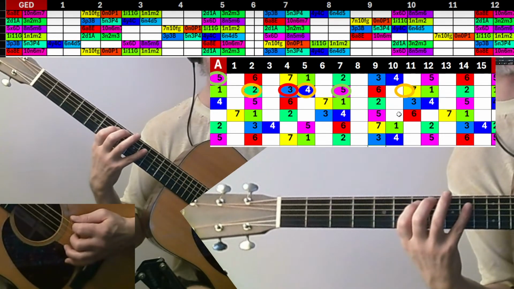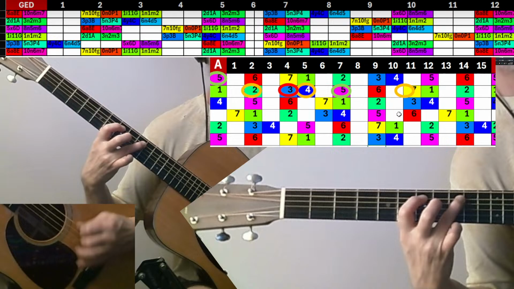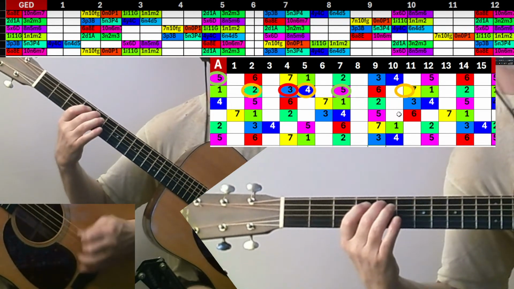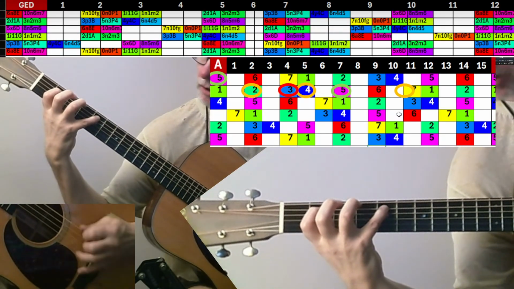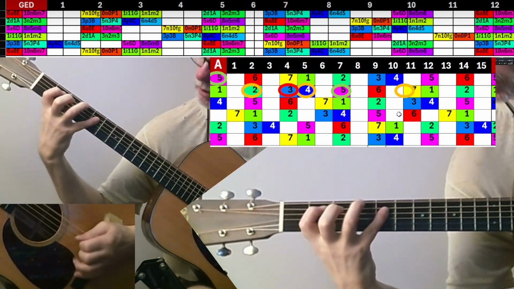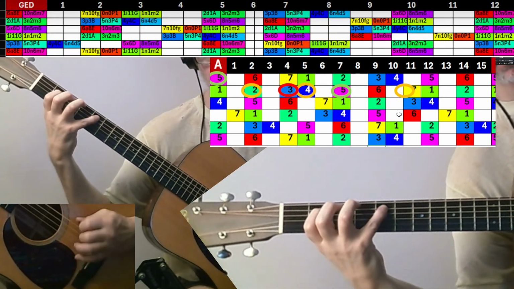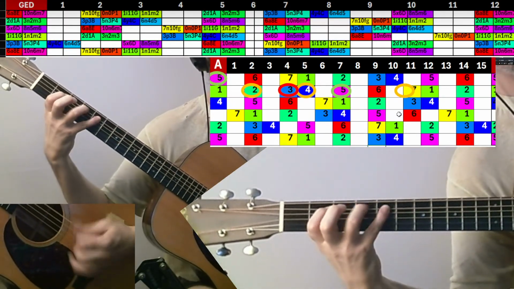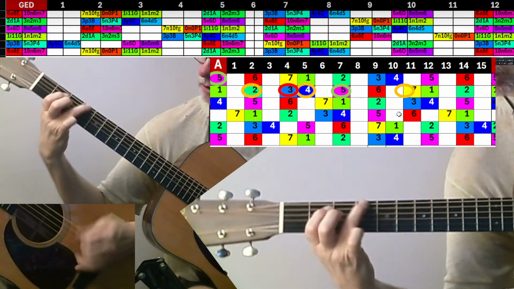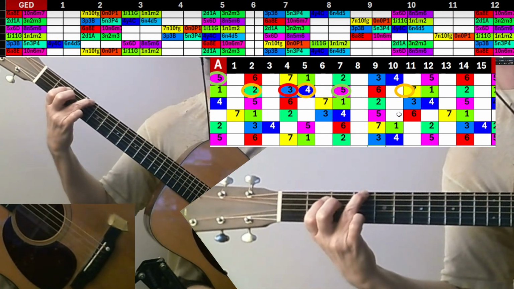That's why I didn't mark it with red this time. Another smear third up top, a smear third up top.